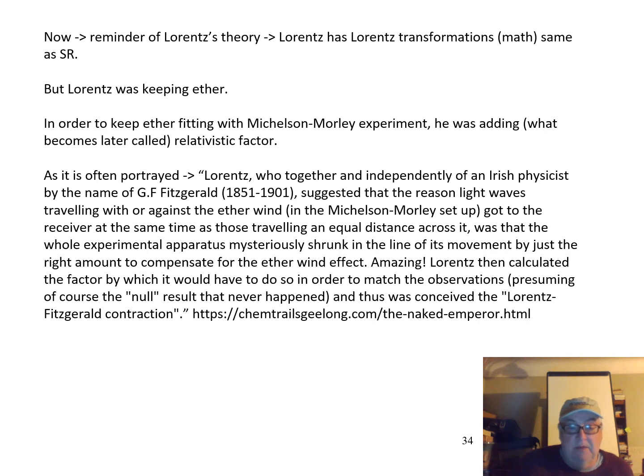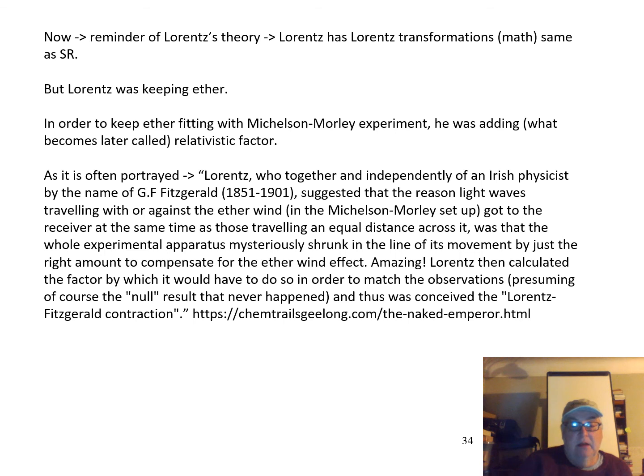In order to keep ether fitting with the Michelson-Morley experiment, he was adding what has later become called the relativistic factor, and the way that it's often portrayed is Lorentz, together with and independently of an Irish physicist by the name of Fitzgerald, suggested the reason light waves travelling with or against the ether wind in the Michelson-Morley setup got to the receiver at the same time as those travelling an equal distance across it was that the apparatus mysteriously shrunk in the line of its movement by just the right amount to compensate for the ether wind effect.